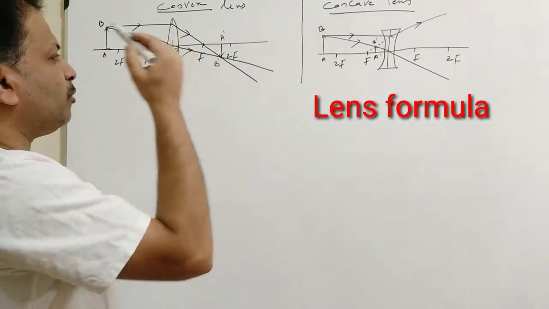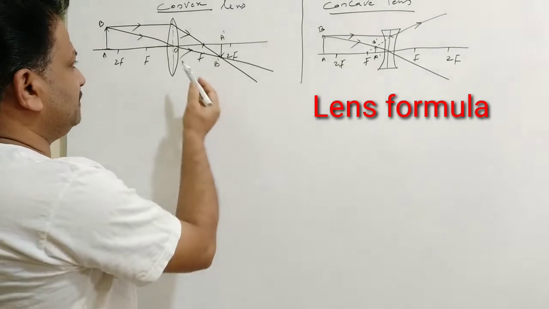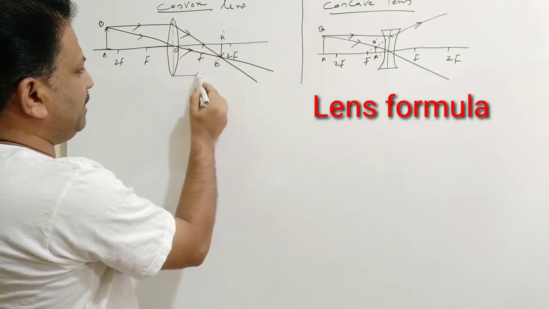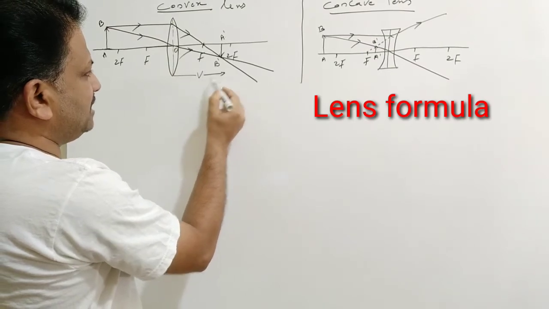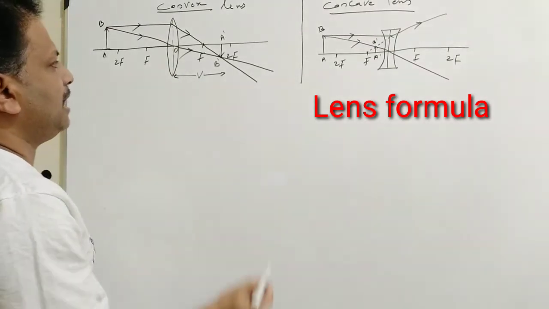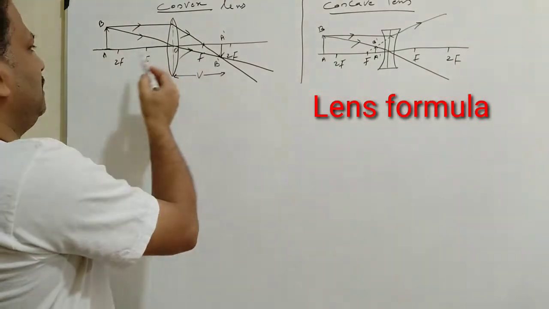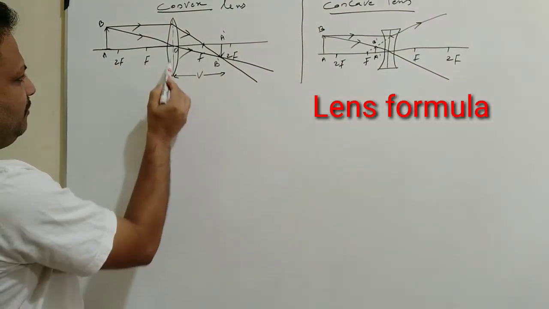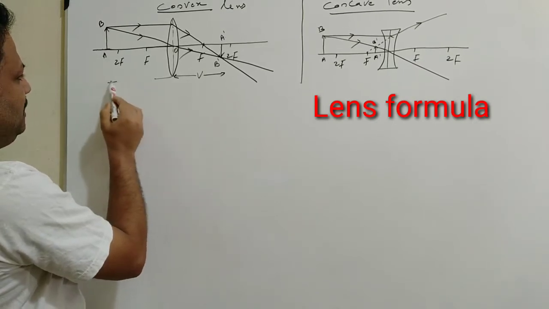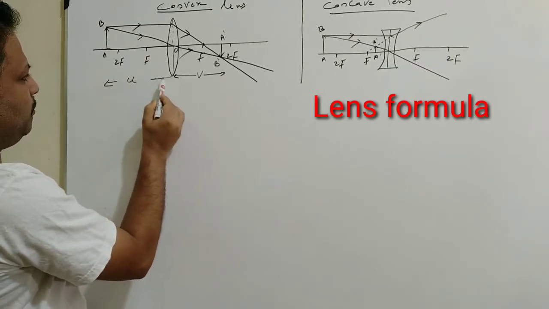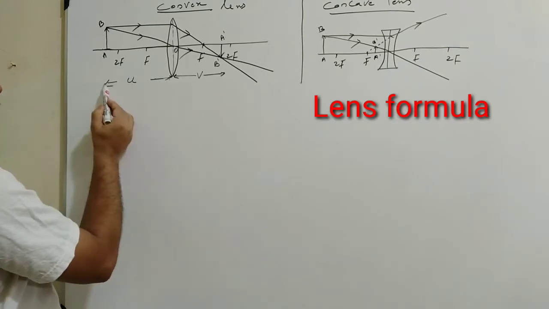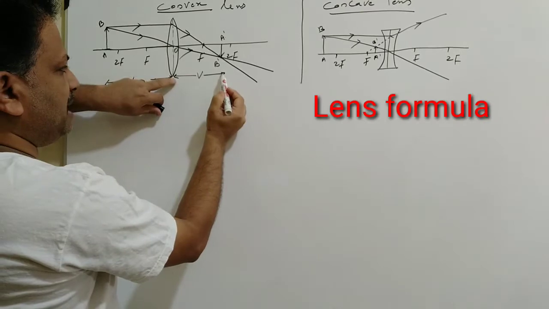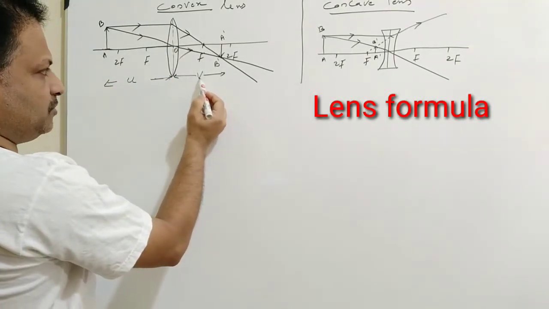Now, how can we measure the distance of the image? The distance of the image from the optical center is denoted by a small letter v.